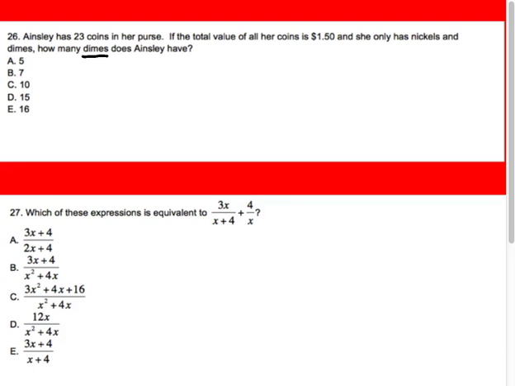Well, in letter A, if she has 5 dimes, that would equate to having 18 nickels, correct? So now I'm going to use my calculator to help me with this.